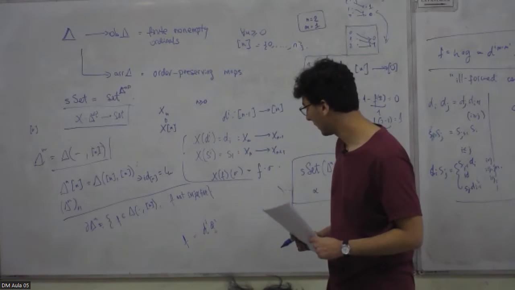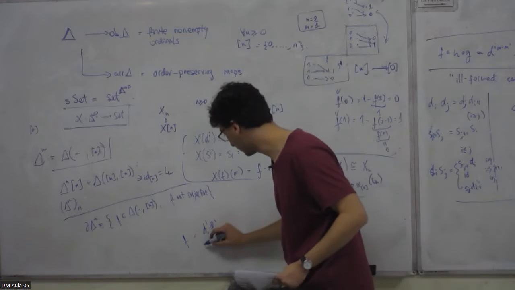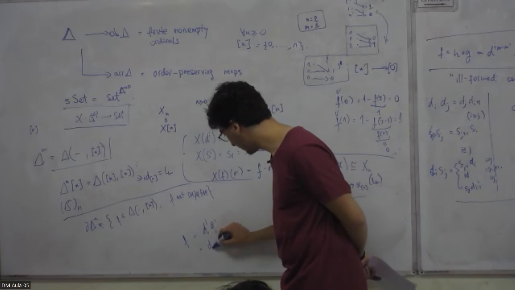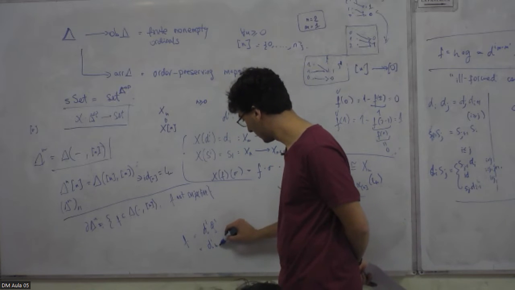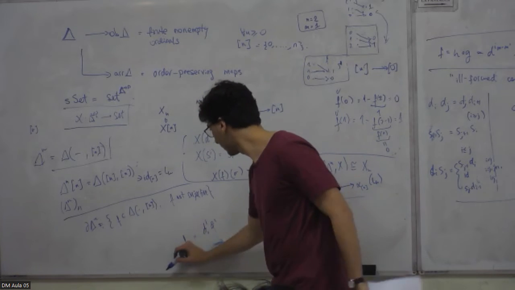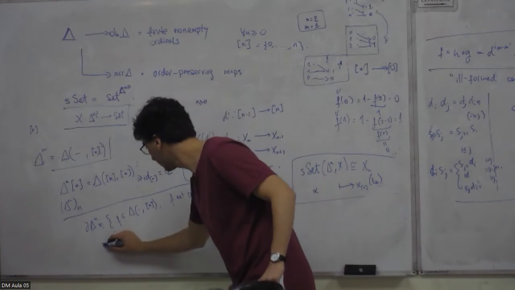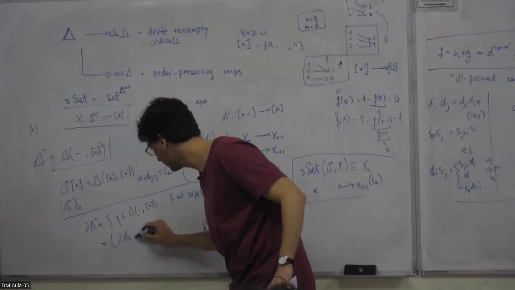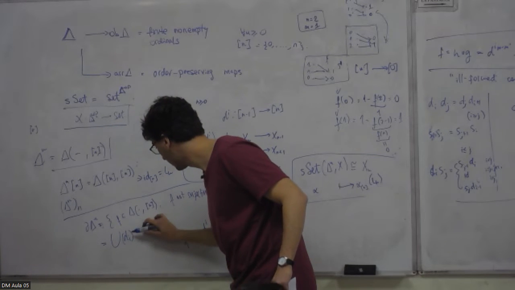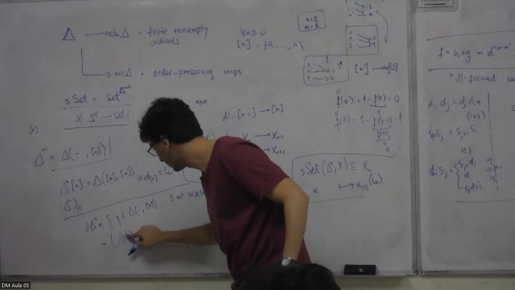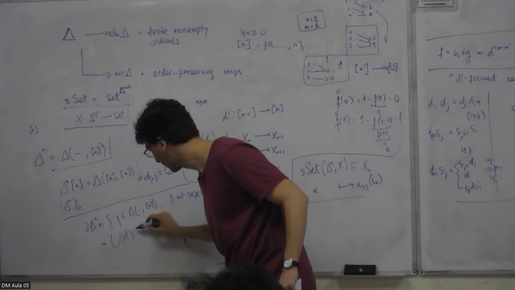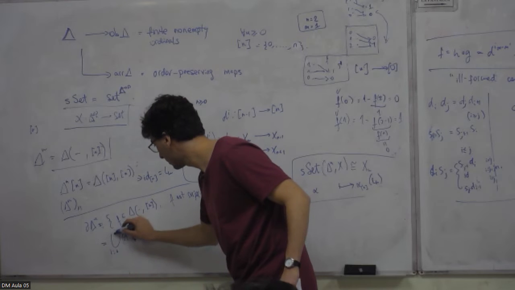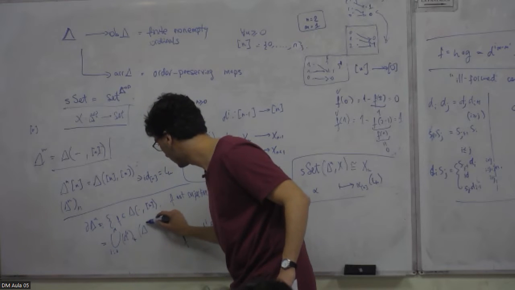So this can also be described as the union of the images of these under δ_i, for i from 0 to n.